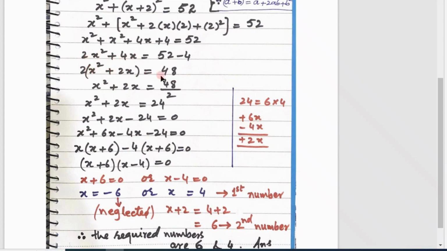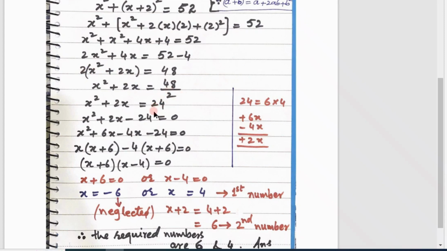When we shift some number from the left side to the right side, this number should be a common of the whole expression on the left side. The whole expression on the left side is 2x square plus 4x, so its common is 2. So this 2 is now being multiplied with the internal expression. Brackets mean multiplication: whatever is inside the brackets, this number is being multiplied with it. Now this will be shifted towards the right side.